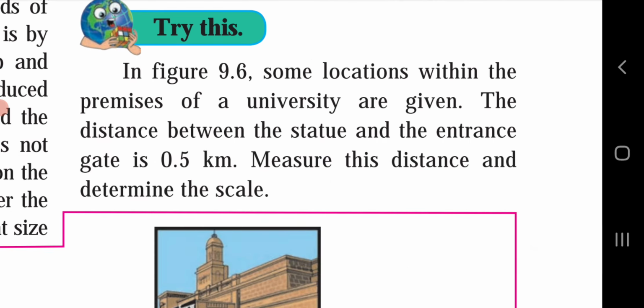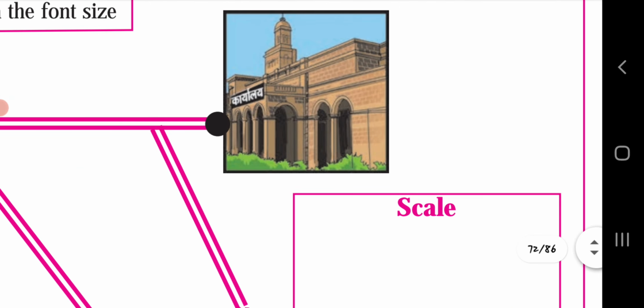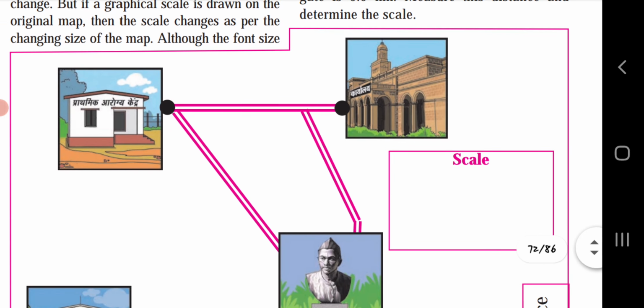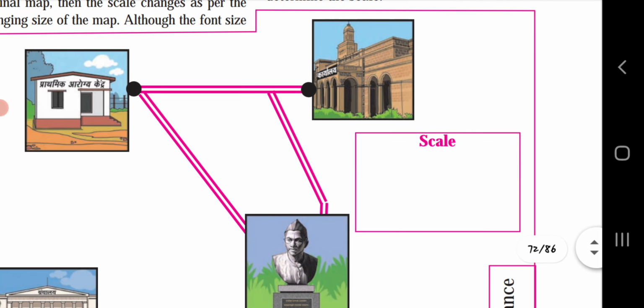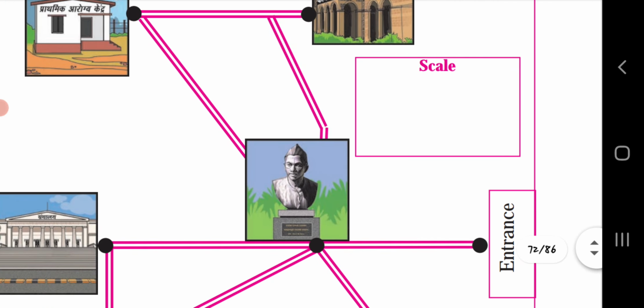Try this. In figure 9.6, some locations within the premises of a university are given. The distance between the statue and the entrance gate is 0.5 km. Measure this distance and determine the scale. Here, Prathmik Arogya Kendra, Karyalay, and the scale we have to write.